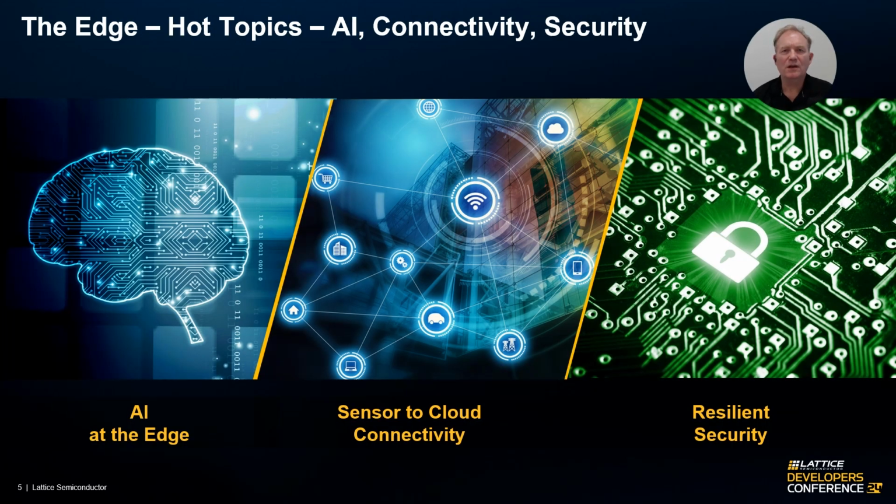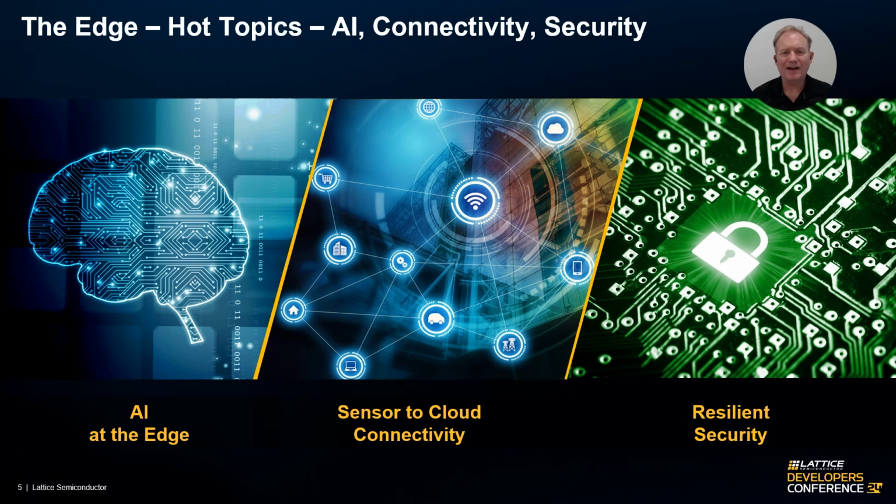So as we think about the edge to cloud application space, one of the things that we see is there's increasing demands being placed on the FPGAs in those systems. Really 3 of the demands that are being placed on the FPGAs are themes of the developers conference this year.